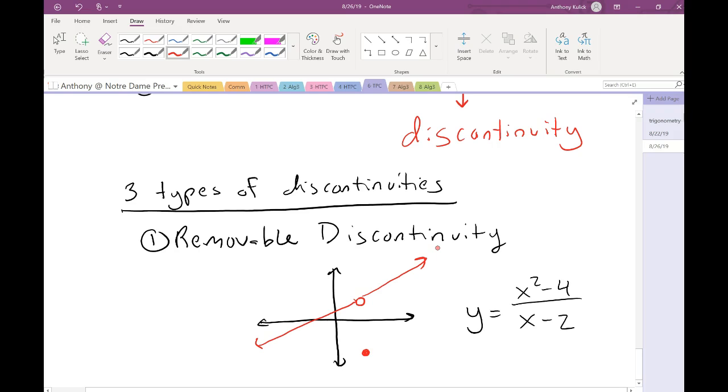Have to pick up your pencil to do that. Or if there was no point elsewhere, I can draw the first part of the curve, have to pick up my pencil, and then draw the second part of the curve. Everybody feel okay about visually recognizing a removable discontinuity?